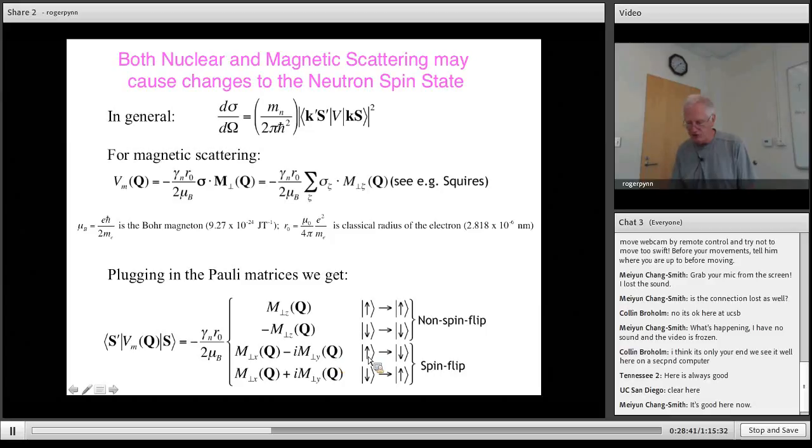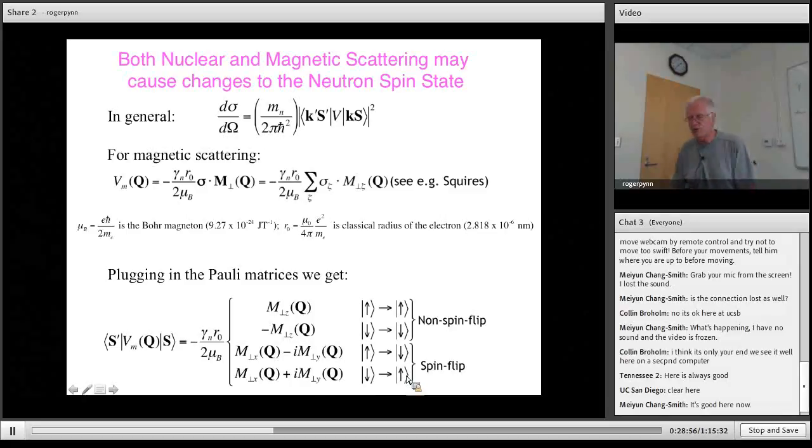This combination of magnetization operators is going to cause a spin flip from up to down, and this combination of operators is going to cause a neutron to flip from a down to an up state.